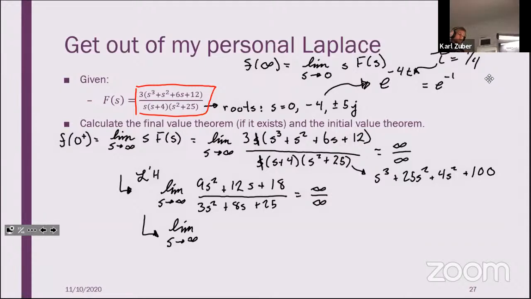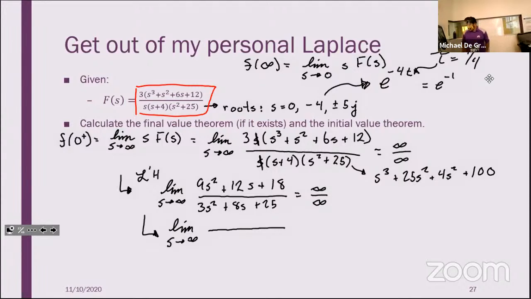For future reference, if we're writing this out and showing that we understand it, would you like us to go through it every time? Because if we know it's going to cancel all the s's, can we just take the coefficients of the highest power of s and show that's what the values will be, or would you still like us to write each step?